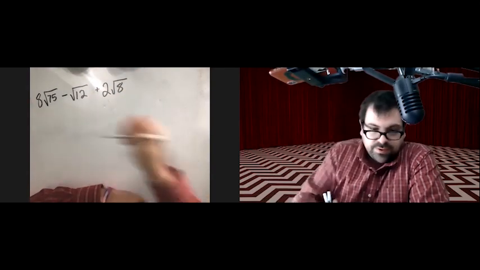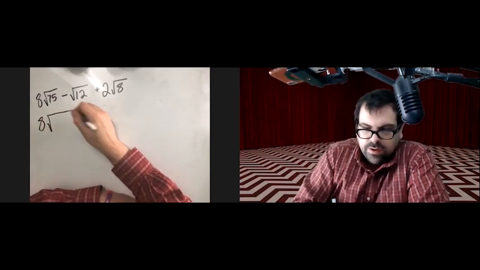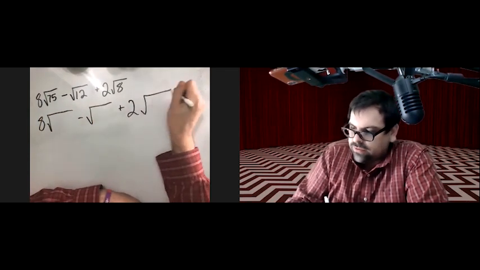Simplify the radicals. So 8 radical something minus radical something plus 2 radical something.